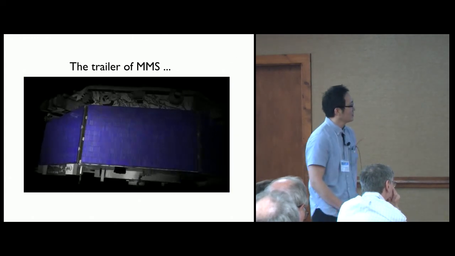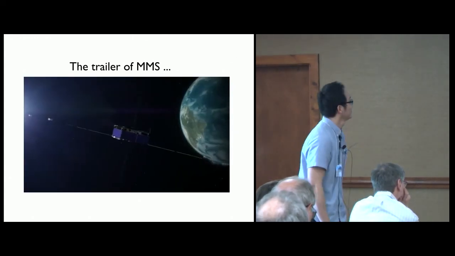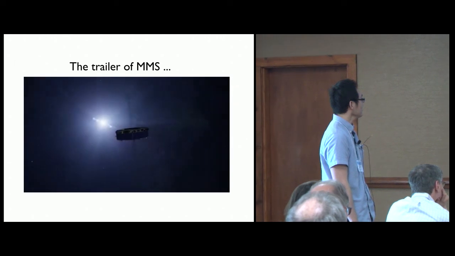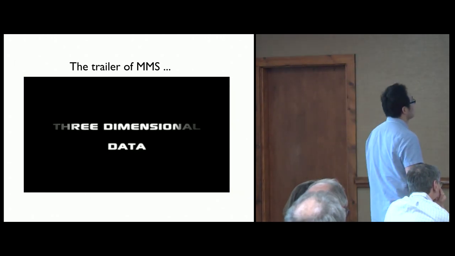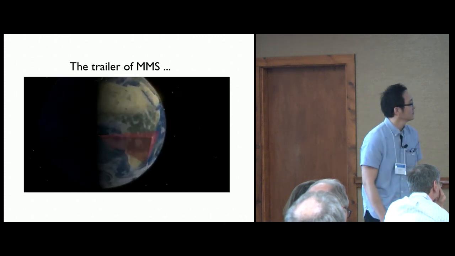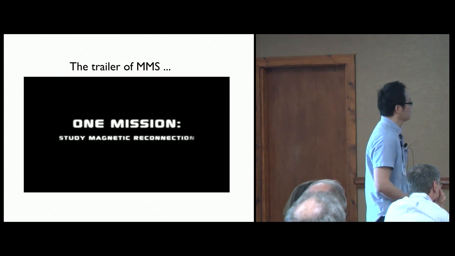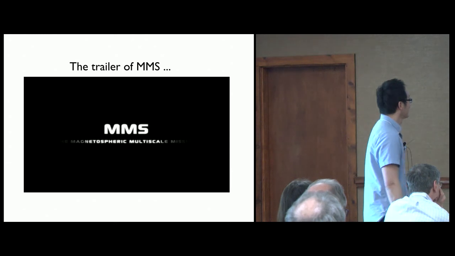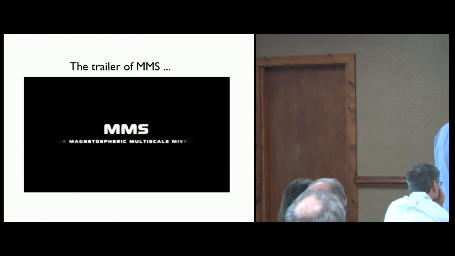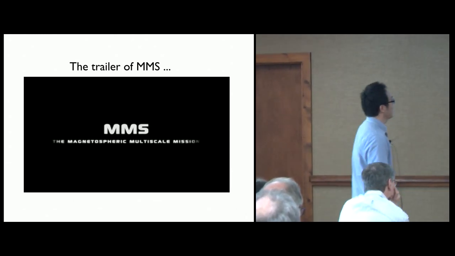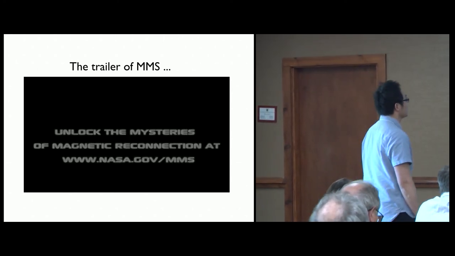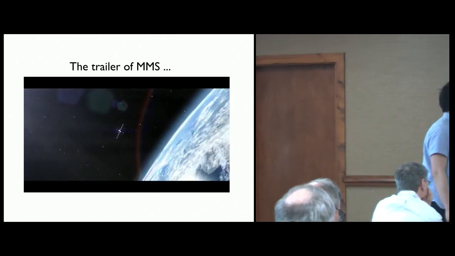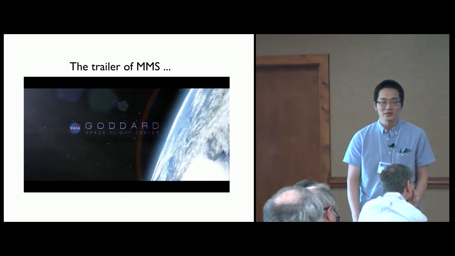And the MMS mission appears. 4 spacecraft. 3-dimensional data, and 1 mission to study reconnection. Yeah, it's like a movie trailer, right? Very entertaining. And we are so determined, single-minded to try to unlock the mystery of reconnection. Yeah, it's fun working with NASA.